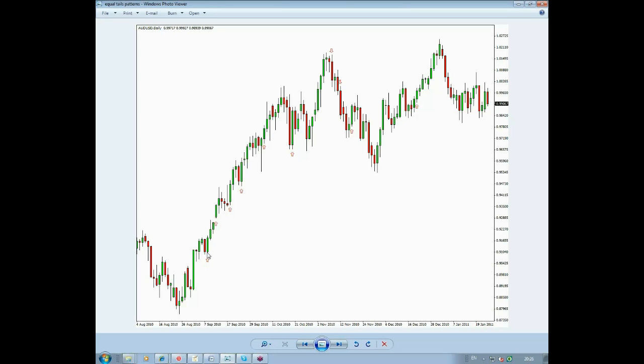Again, we had this high, we had the break up with a gap, with equal tails. Equal tails means it's a healthy market. It will probably continue the trend. Why? Because, imagine friends, it's a daily candle.